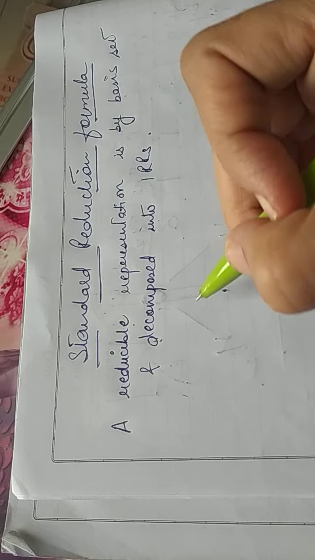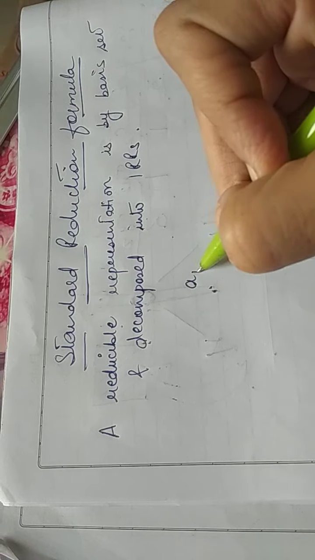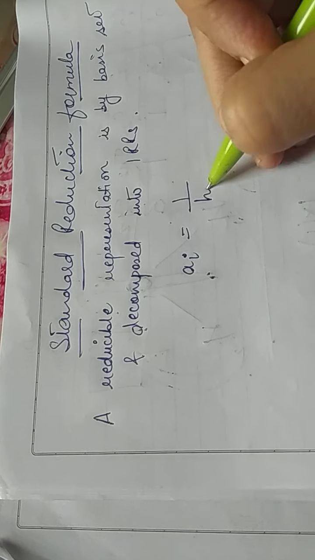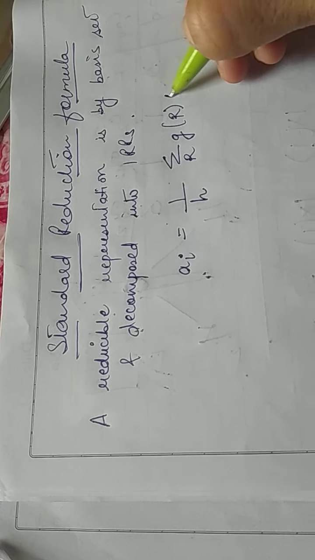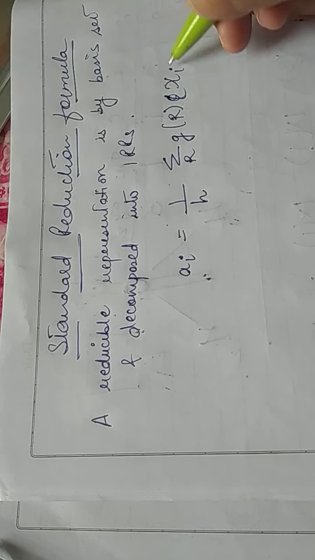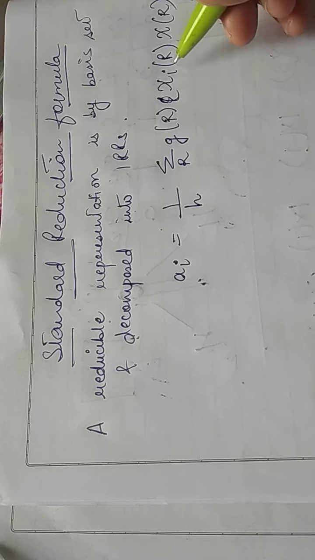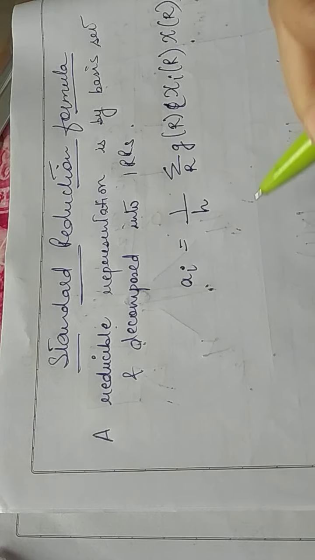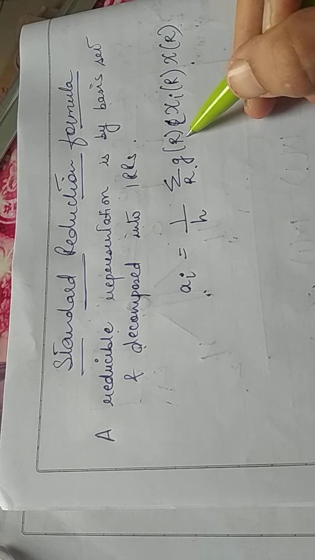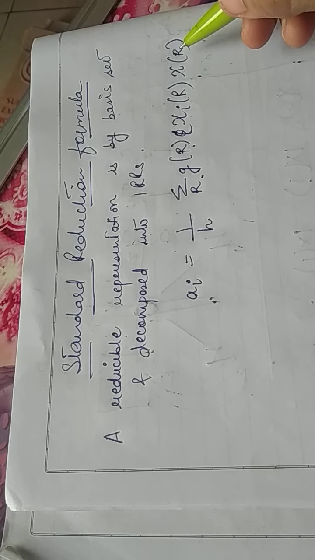The formula which I am going to write here is a_i equals 1 upon h, summation of g_R, chi irreducible, and chi reducible. So this is g_R, chi irreducible, and then chi reducible representation.